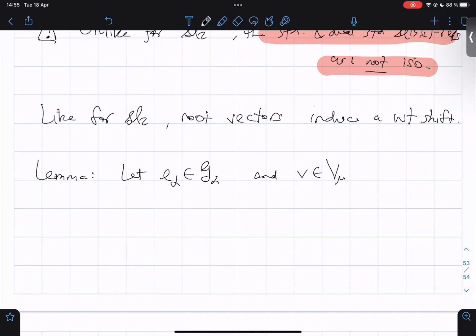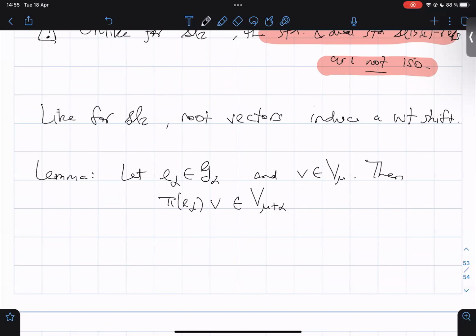These are from the Lie algebra, and we're going to let it act on something in the weight space V_mu. So I'm going to let it act on this vector. Where is it going to live? Well, it's also going to be in a weight space. It could be 0, but otherwise, if it's not 0, then it's in a weight space with this weight shift, mu plus alpha.